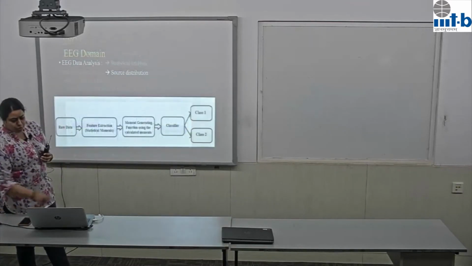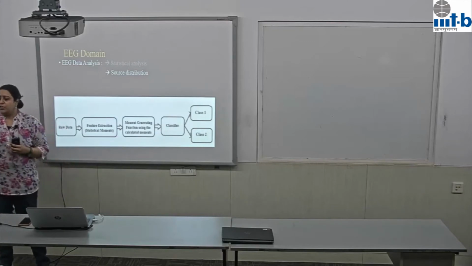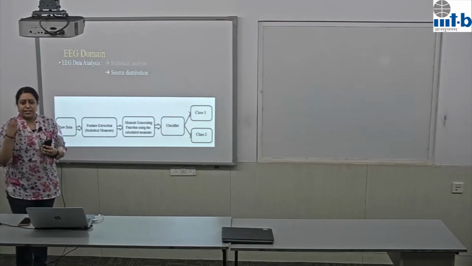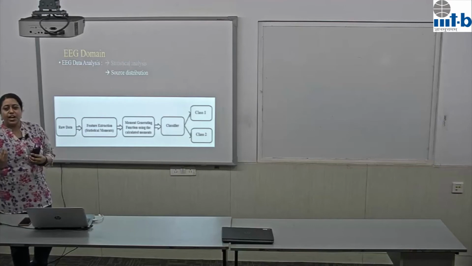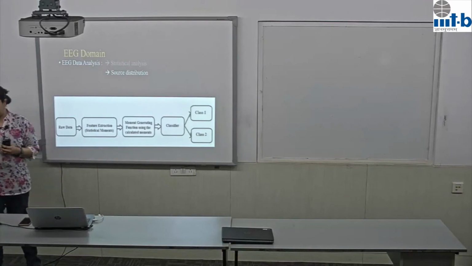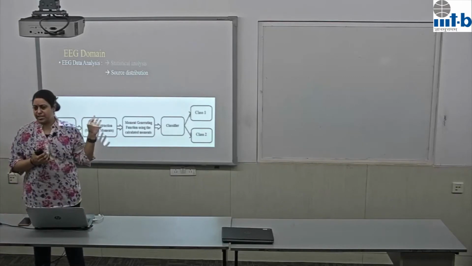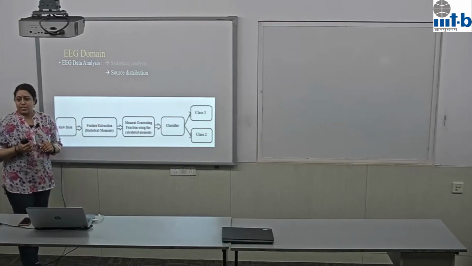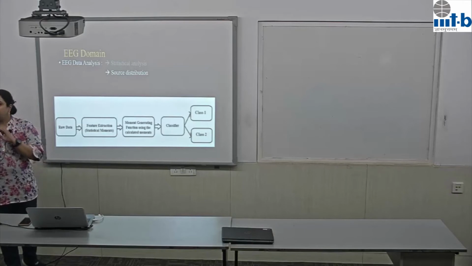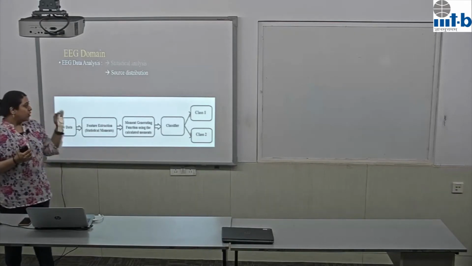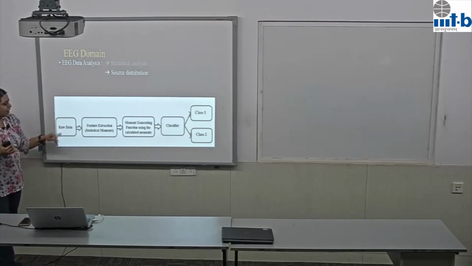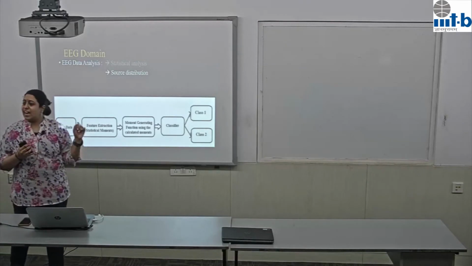Now moving on to source distribution. We need to know whether the source of the data, the distribution of different classes, has any kind of difference. One of the examples I have chosen to illustrate this is eyes open and eyes closed, because visually we don't see any difference in that. The method is, we take the data, we do feature extraction, that is statistical moments.